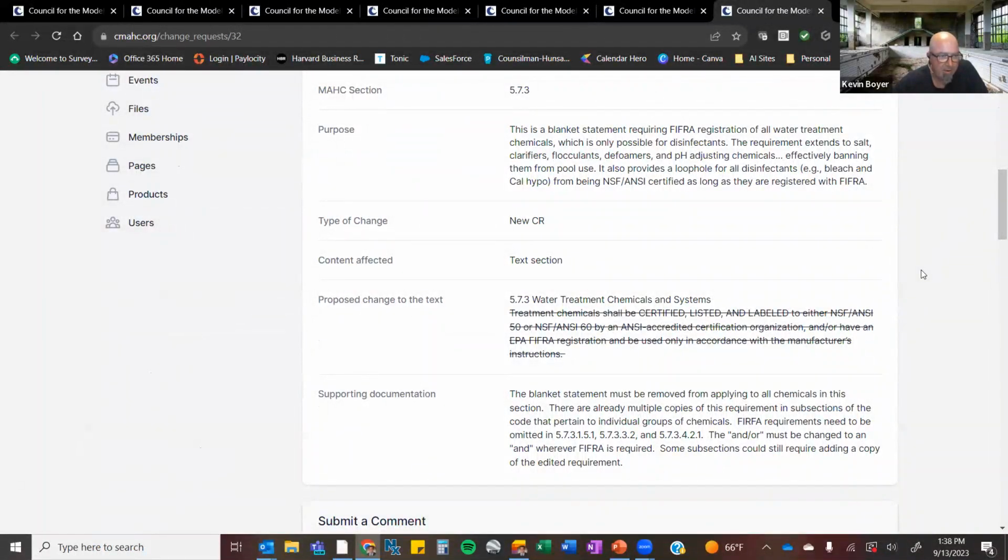I have not heard back from the TSC on this. I would be shocked if they would recommend anything other than agreeing with this. There's absolutely no reason to have non-sanitizers or non-pesticides under FIFRA.